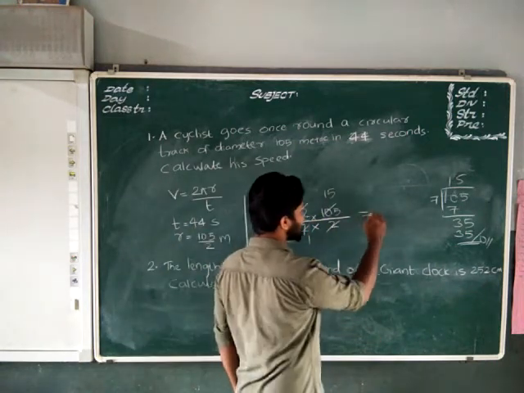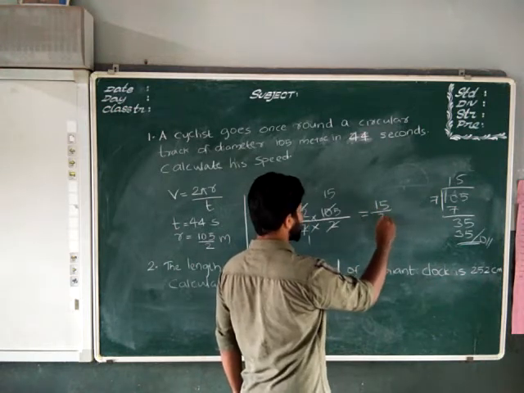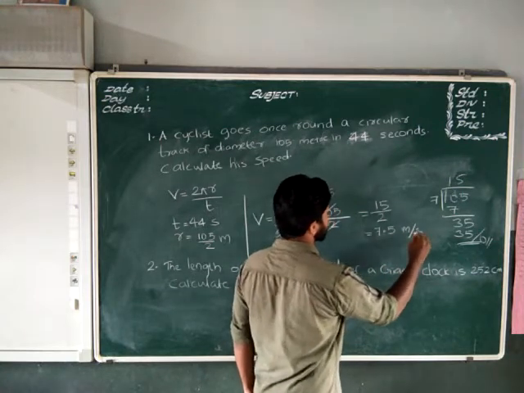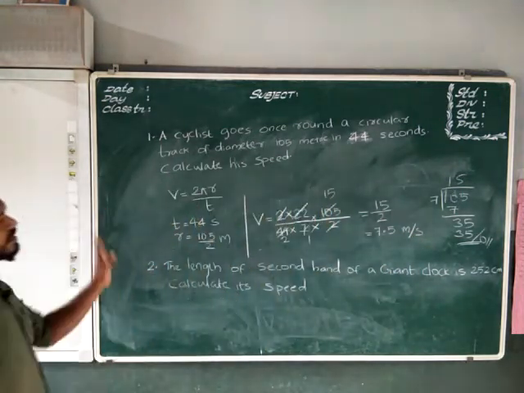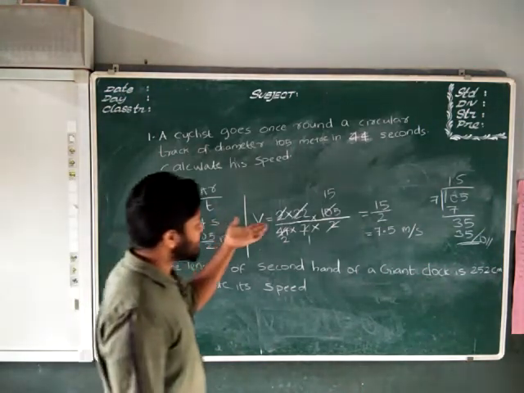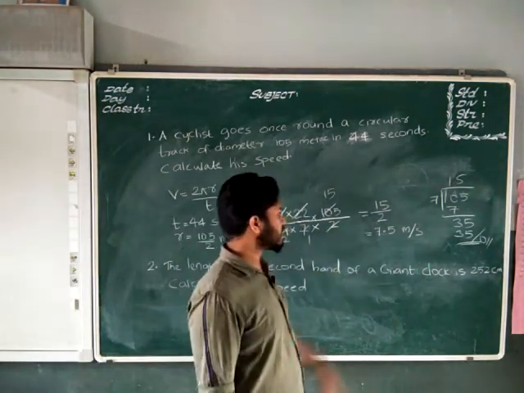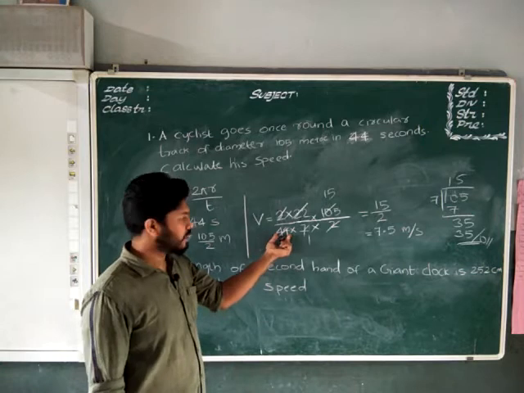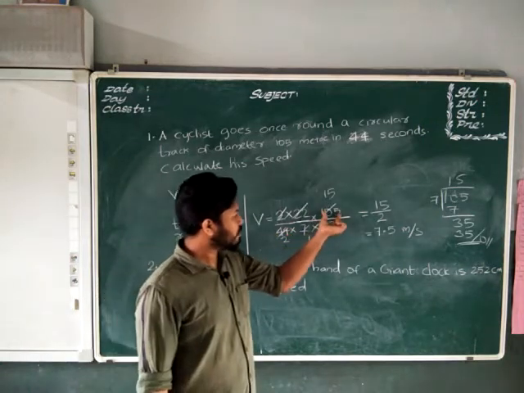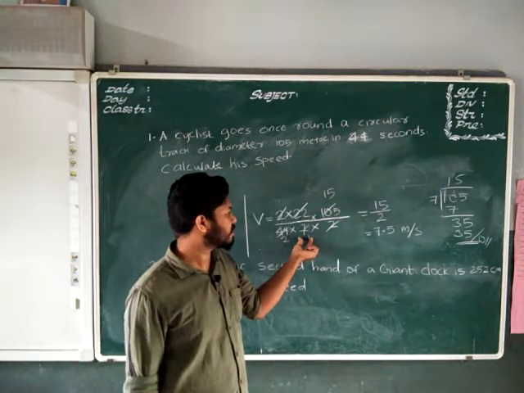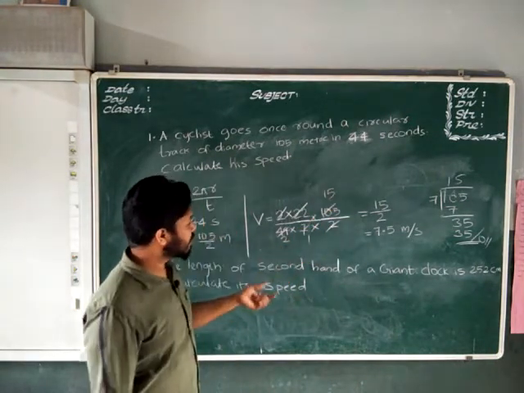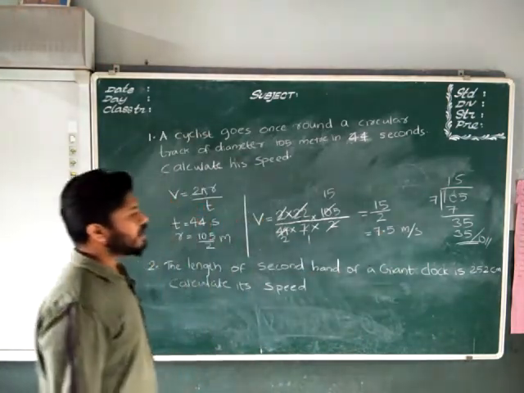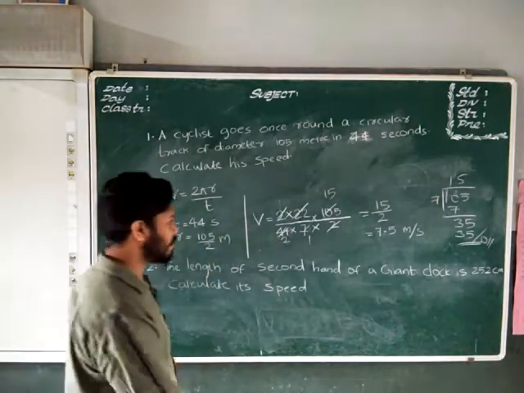So it becomes 15 divided by 2, which is equal to 7.5 meter per second. So the cyclist is going with a speed of 7.5 meter per second. Is it clear? We cancel 2 and 2, 22 and 44. The remaining is 2 here. We cancel 105 and 7. 15 7s are in 105. So it becomes 15 by 2, that's equal to 7.5 meter per second. Half of 15, 7.5 meter per second.